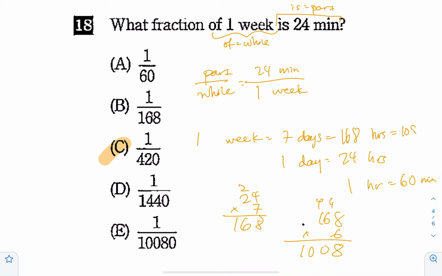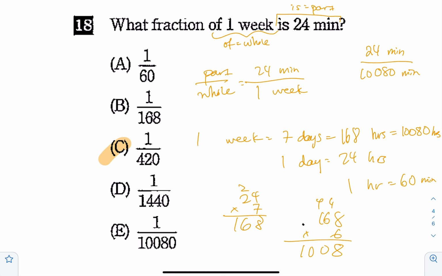This would be 10,080 minutes. And then you have to do 24 minutes divided by 10,080 minutes.